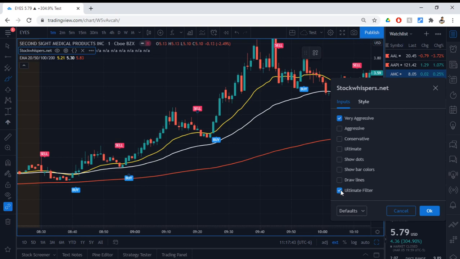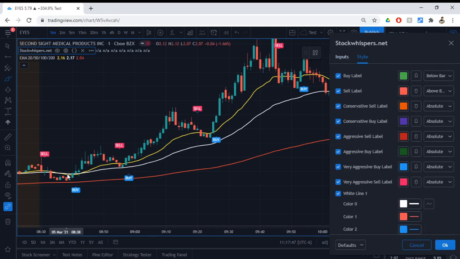In terms of style, this doesn't matter. This is on an uptrend, right? So sell labels don't really matter to you. You're not trying to sell it, you're trying to buy it. So if you want, you can remove the sell labels.